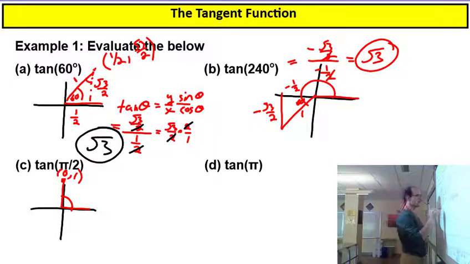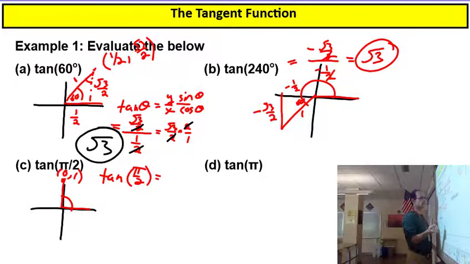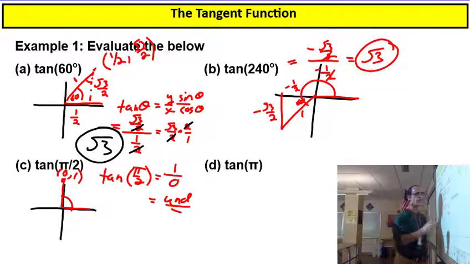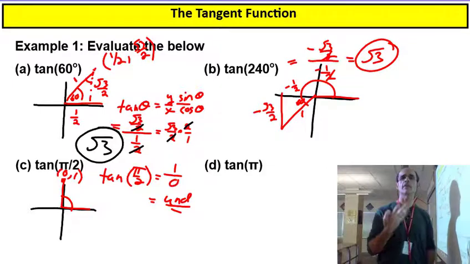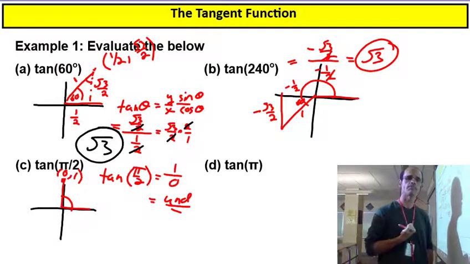So if I want the tangent of pi over 2, it is equal to sine over the cosine. The sine over the cosine, 1 over 0, is undefined. So if you're asked to find the tangent of 90 degrees or pi over 2, it's undefined. There is no answer for that.